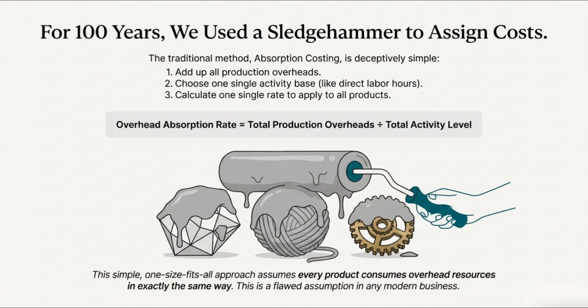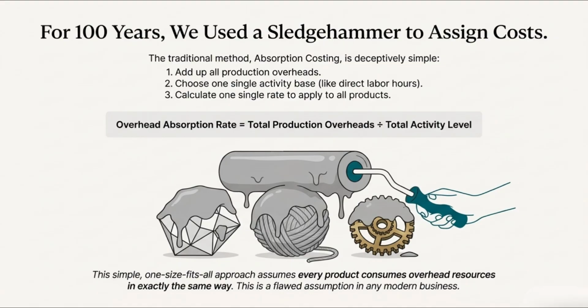For example, if your total overheads are £500,000 and you have 100,000 direct labor hours, your rate is £5 per labor hour. Every product then gets charged £5 of overhead for every hour of labor it uses. This approach has been used for over 100 years, and it's like using a sledgehammer when you need a scalpel.